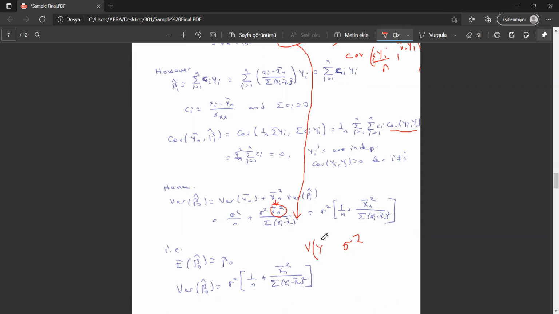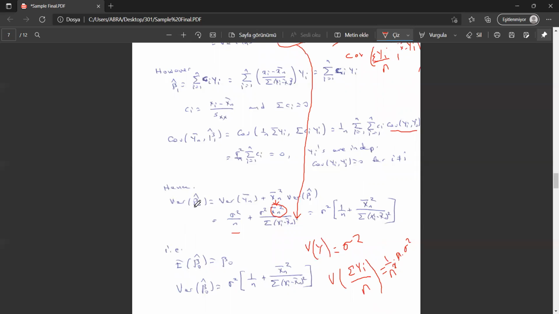Let's write this. Variance of y is sigma square. So variance of summation of yi's over n is equal to 1 over n square times n times sigma square. So these cancel each other out, and we are left with sigma square over n.